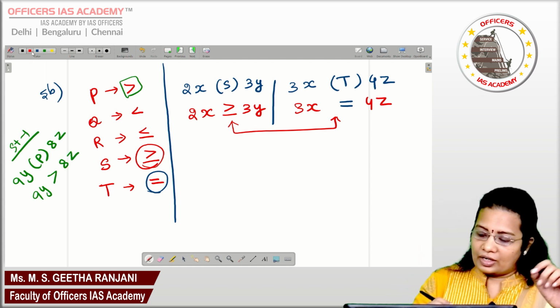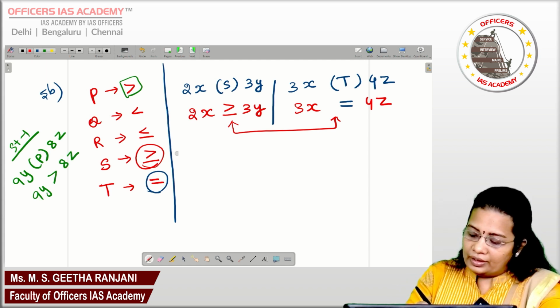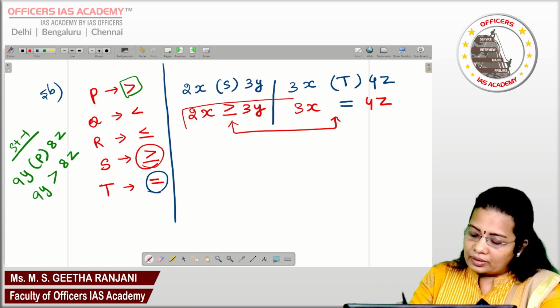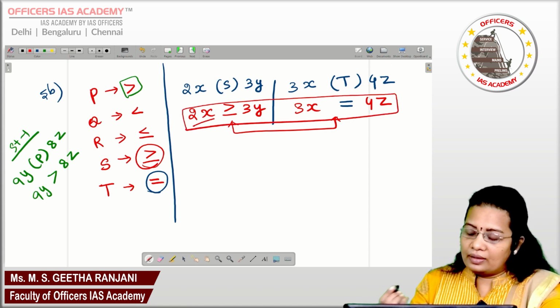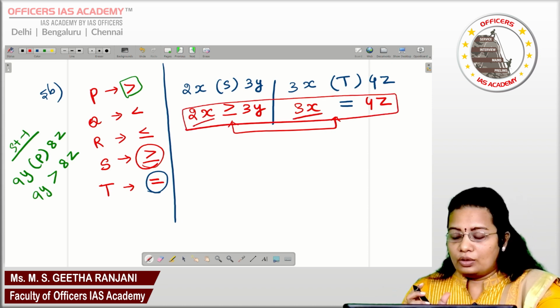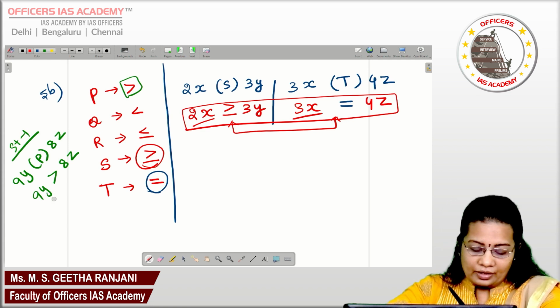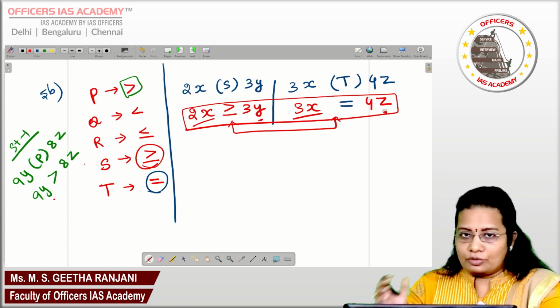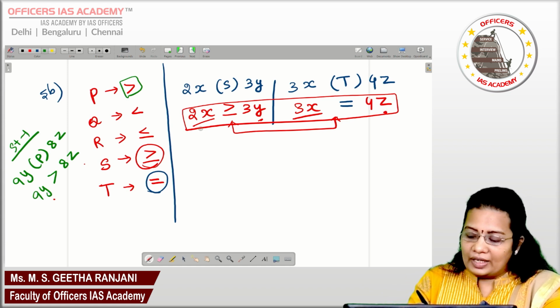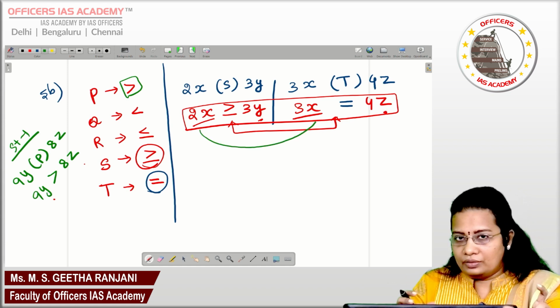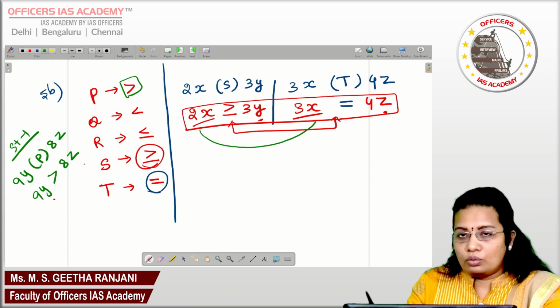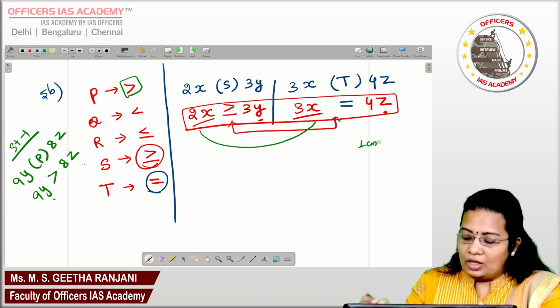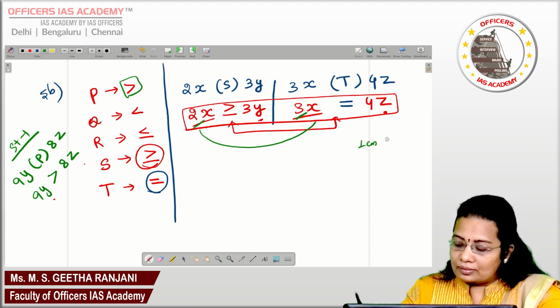Okay, let's start. So here these two terms, I have here 2x, here 3x. So we want to equalize them to evaluate the y and z directly, because y and z are given in terms of x here. So first of all, we can balance the 3x and 2x. For that, we want to take the LCM of their coefficients. So LCM of 3 and 2 is 6.